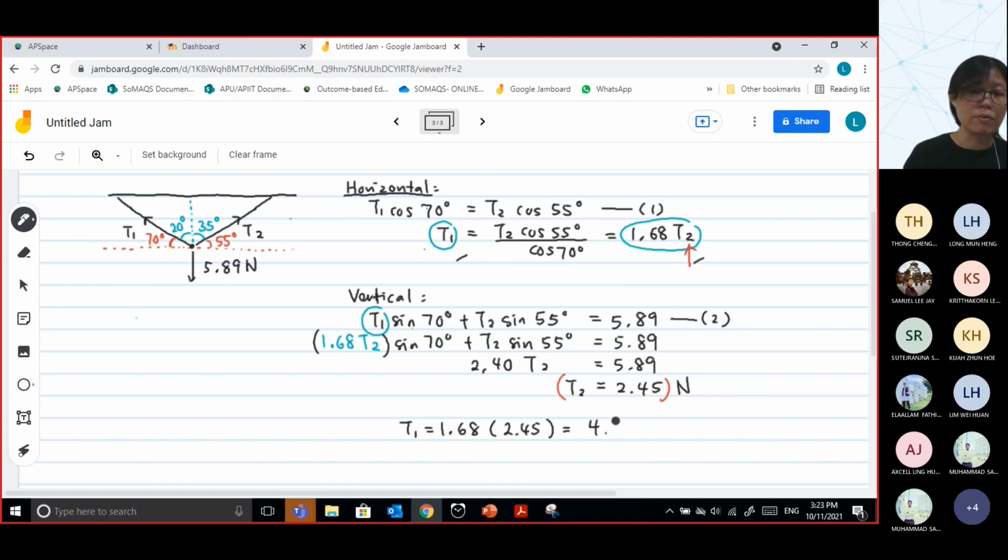So I get 4.116. If I remain as 2 decimal places will be 4.12 Newton, or you may get 4.13. So these are the 2 answers, T1 and T2. Done.